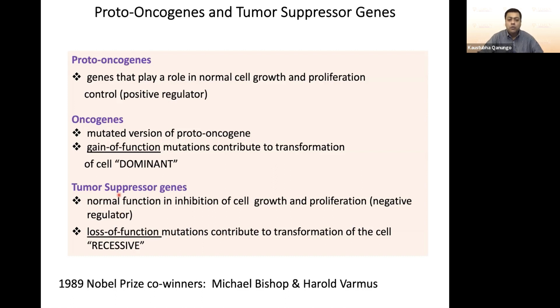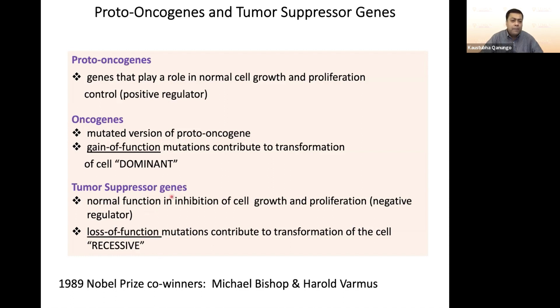That means the tumor suppressor gene basically keeps the cell cycle in check. It doesn't allow the cell cycle to go on. If there is a loss of function, then the cell cycle will go on into uncontrolled growth. And this is a recessive mutation. So if you have two alleles, you need to have mutations in both of them, in a homozygous form, so that the tumor suppressor gene will be non-functional.